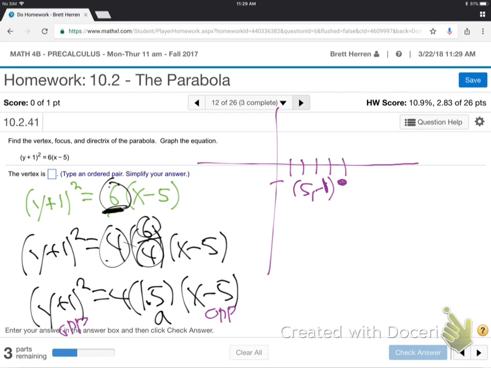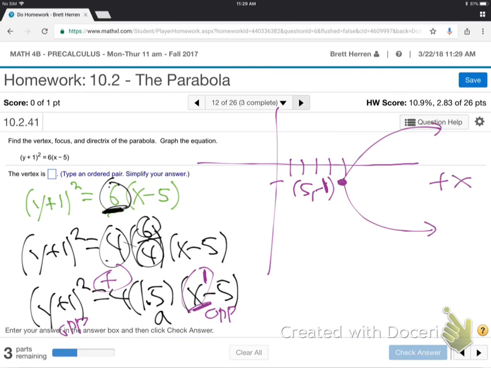And now, is this one going right, left, up, or down? What tells you that? Yeah, the first power letter, and what sign's in the front? Positive. Positive x to the first, to the right. Going in the positive x direction. Everybody see that?